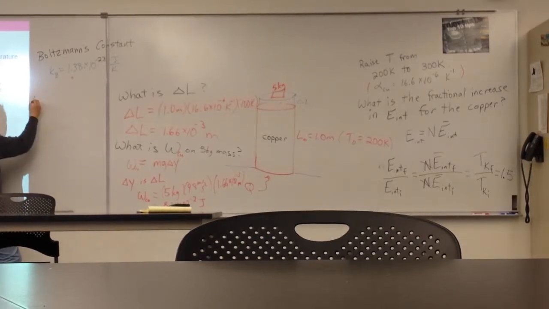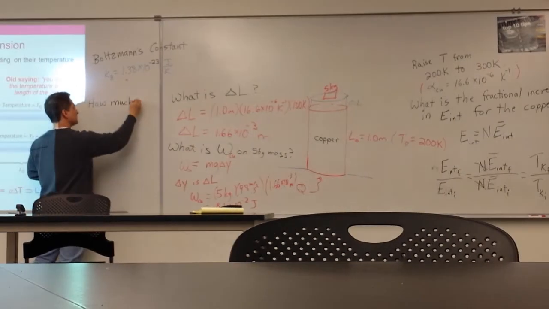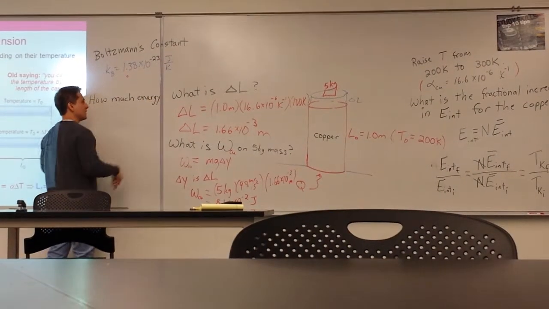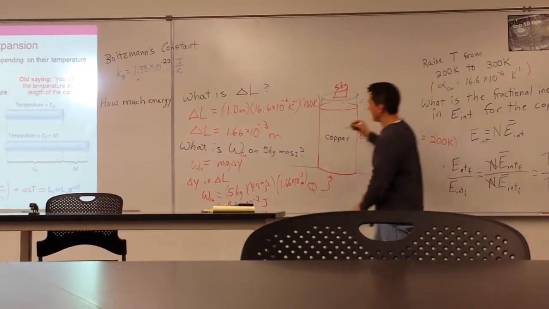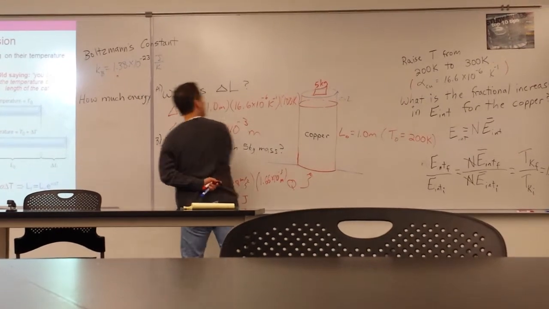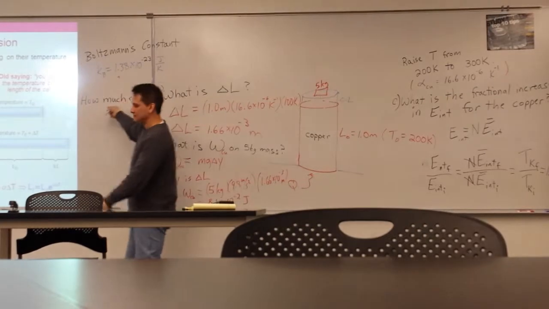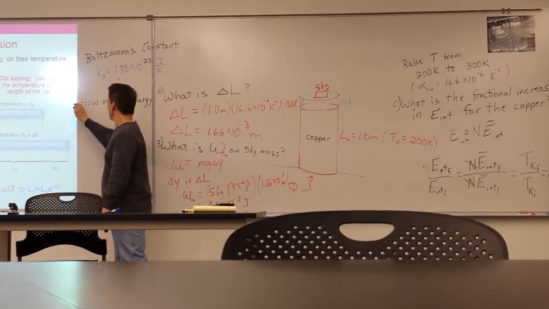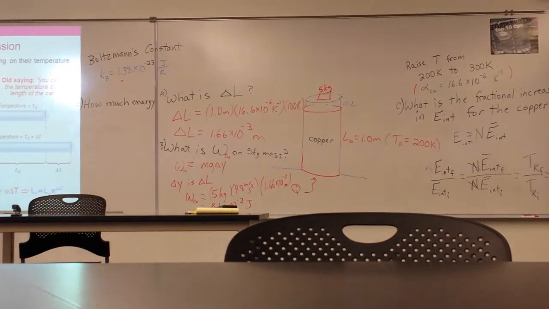So, energy. I should put numbers on these, okay? So, this was A, this was B, this was C. I erased D, and this is E. All of this is just physical.